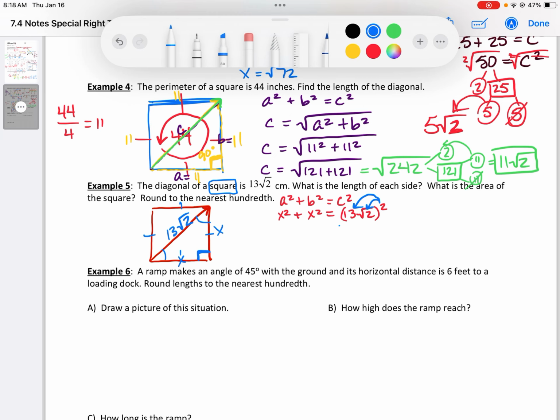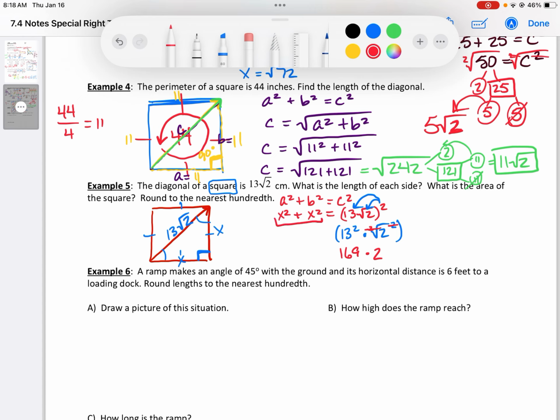So this equals 13 squared times the square root of 2 squared. And 13 squared is 169. The square root of 2 squared, those just cancel, and I'm left with 2, the radicand.